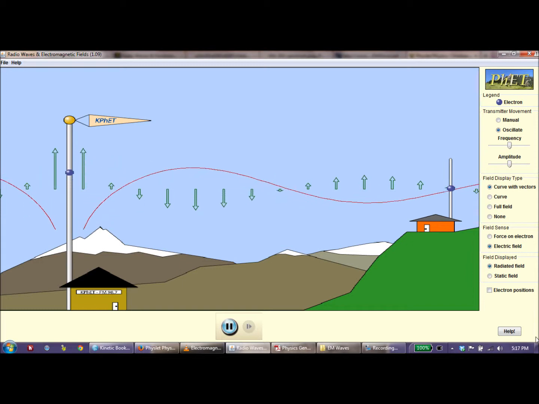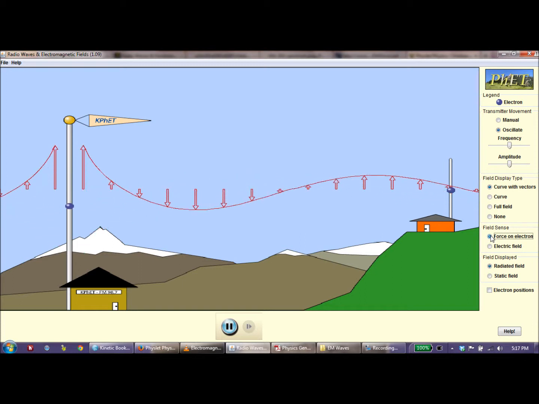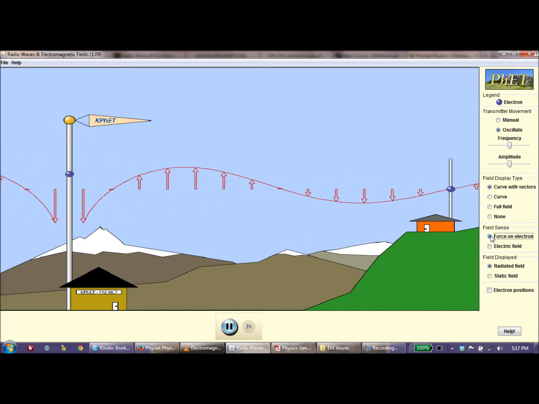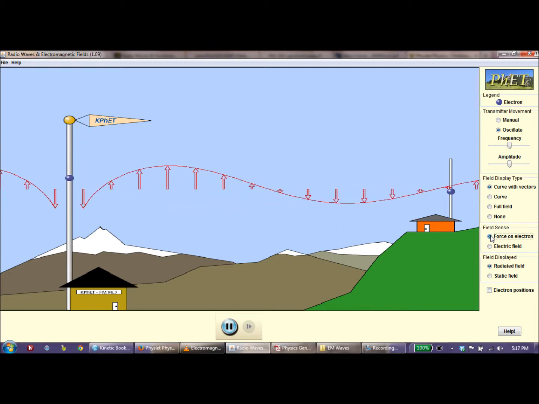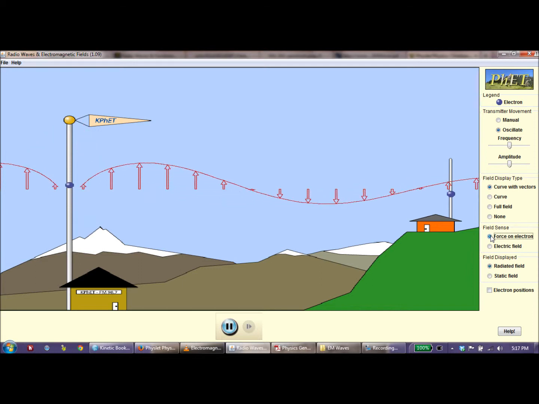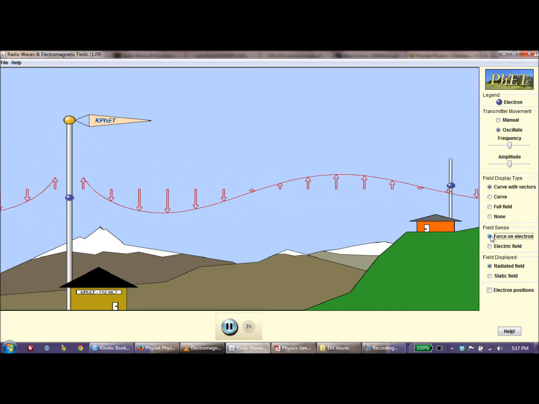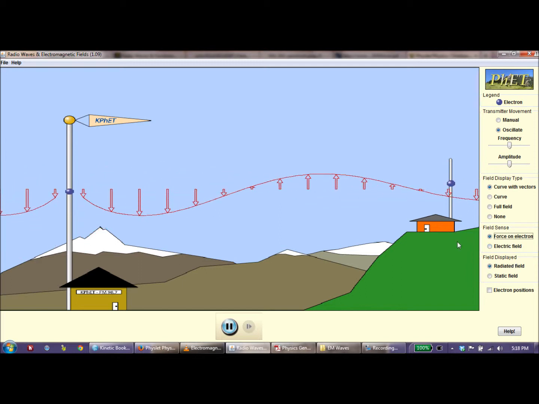Right now I'm showing the field. I could also show the force on the electron. You notice how that lines up with the magnitude of the wave. As that wave spreads out from that antenna, it loses some of its strength, but it's that oscillating electron that creates that field, which creates the electromagnetic wave that goes out to the house.